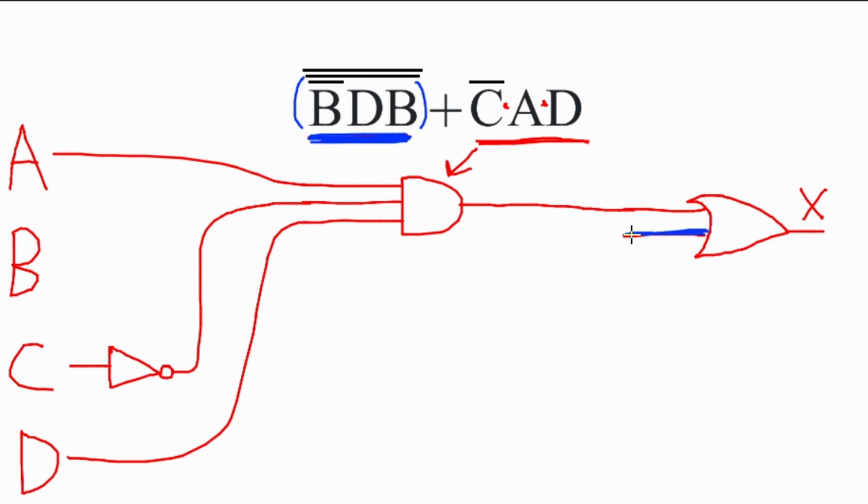So I can draw this as 2 NOT gates. And these 2 NOT gates will apply to the B bar D B. And this term is another AND gate, a 3-input AND gate similar to the term on the right.